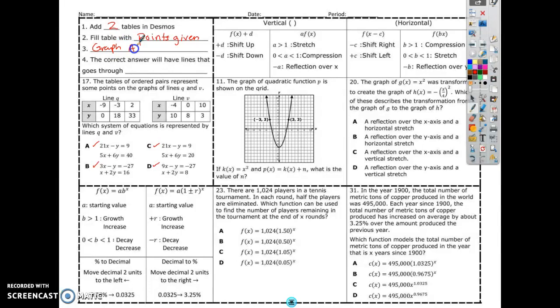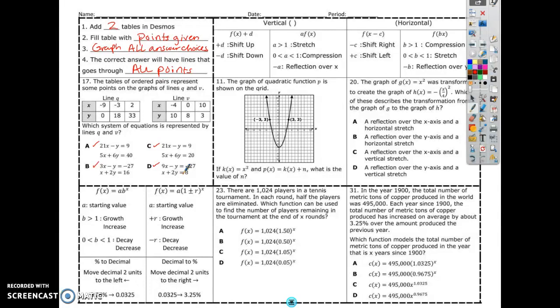The correct answer will be the line that goes through all of the points. So you guys are going to do that one by yourselves. Vas a poner las dos tablas en Desmos, vas a poner todas las respuestas y cuál de ellas pasa por todos los puntos.